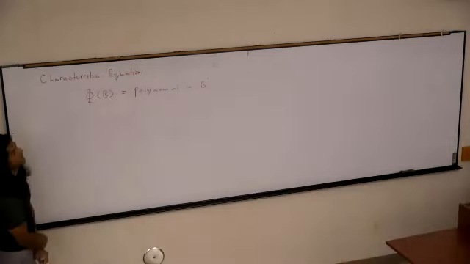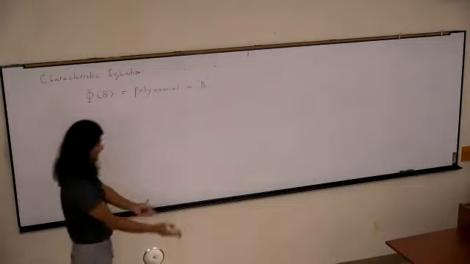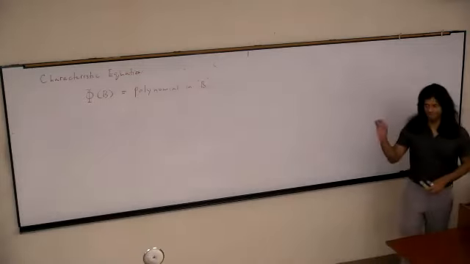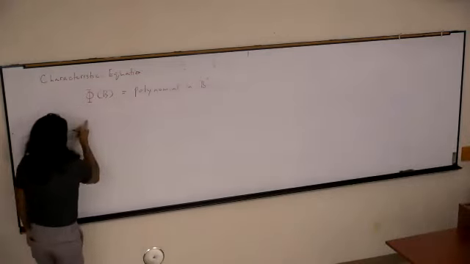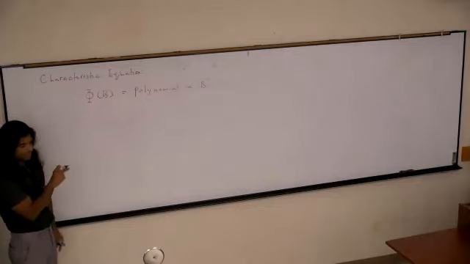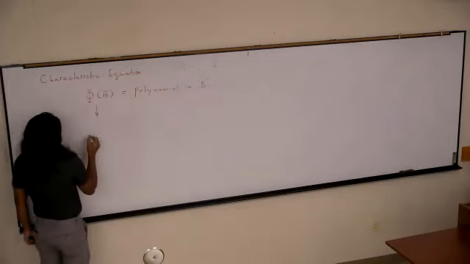phi of b is the polynomial in b, and we are going to use it to determine whether the roots lie outside the unit circle, inside the unit circle, on the unit circle. We can write an expression that is in terms of b, the book uses m.